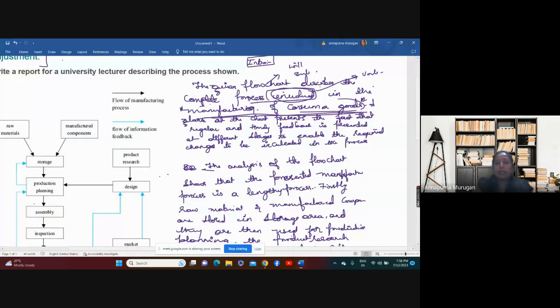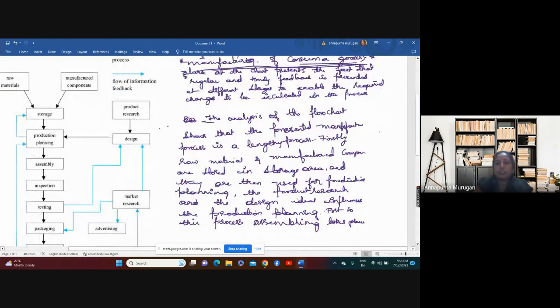Now I'll read out this second paragraph also. That is the first body paragraph, so that it will be eligible for you people. The analysis of the flow chart shows that the presented manufacture process is a lengthy process. Firstly, raw materials and manufactured components are stored in storage area, and they are then used for production planning.